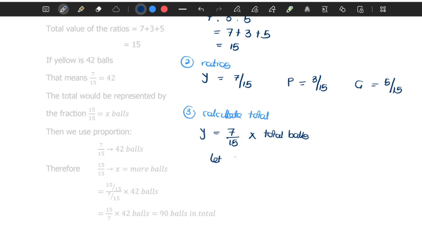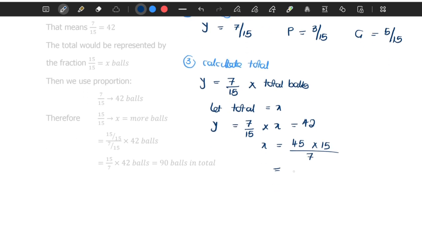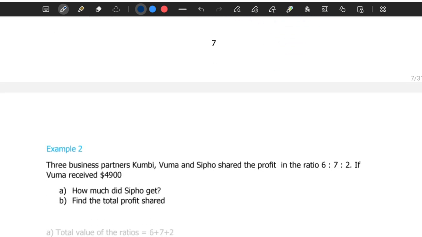So let total be equal to x. So yellow is 7/15 of x, and that's equal to 42. So we just need to find what x is. Again, making x the subject of the formula. 15 crosses the equal sign, it multiplies, so it's going to be 42 times 15. 7 crosses the equal sign, it divides because it was multiplying, and then when we compute that, we get 90 balls in total. And that's how you do that.